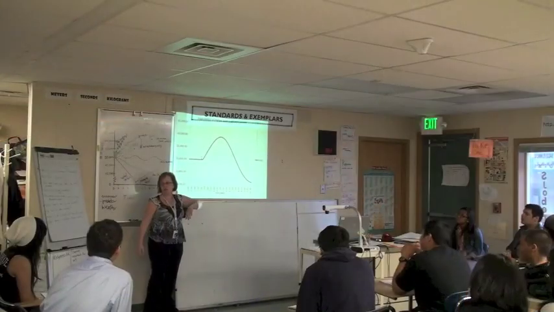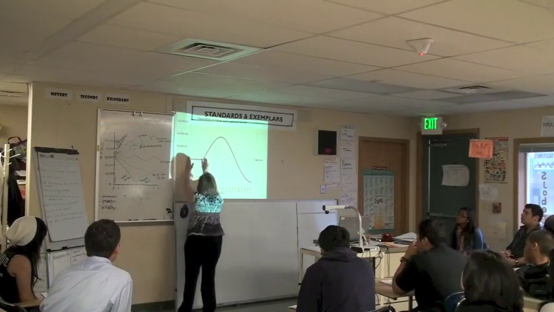Well, for this phenomenon, it's really complex, and so I didn't want them to get overwhelmed or stuck by trying to explain everything. So I started by simplifying it and picking only one part to begin our initial elicitation of ideas. I asked them to explain just why the hare population would change over one cycle.